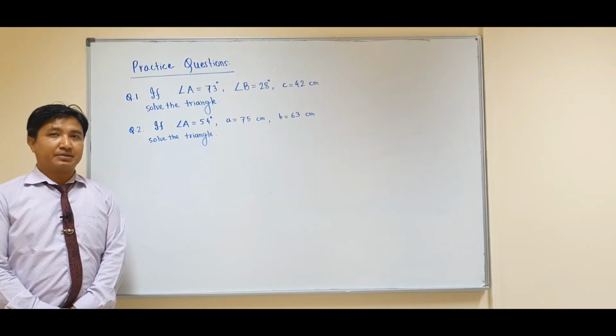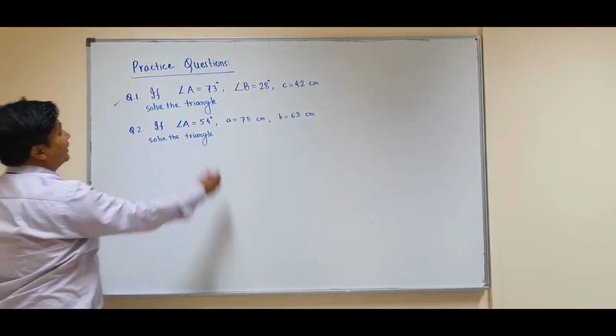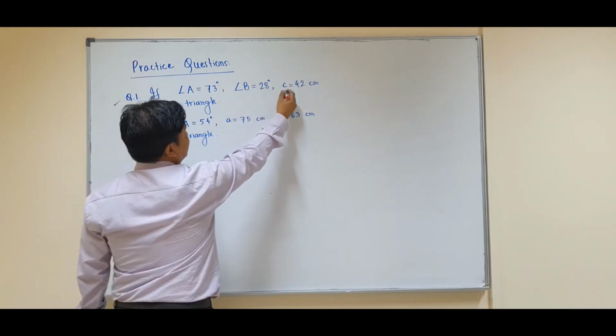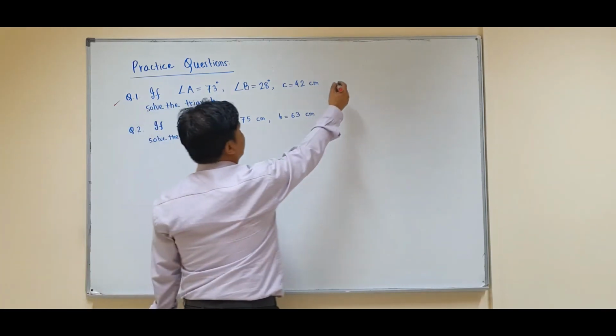I have some practice questions for you. Question number 1. Angle A is 73 degree, angle B 28 degree, small side c 42 centimeter. Solve the triangle. So what does it mean?